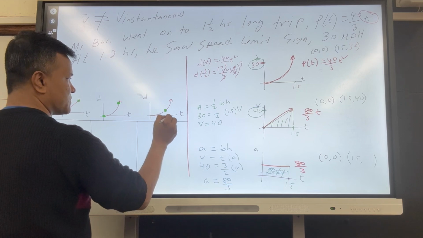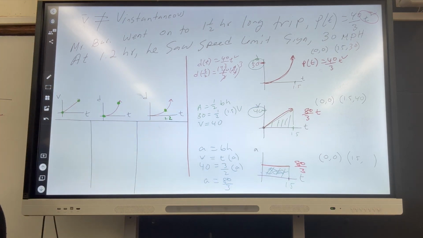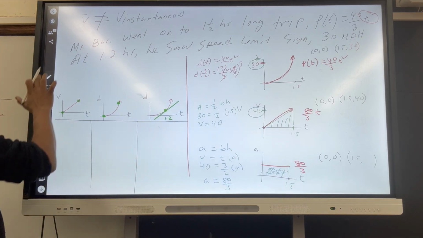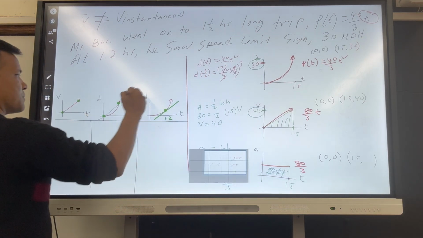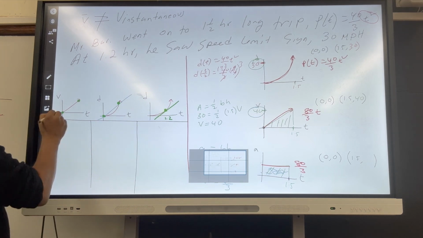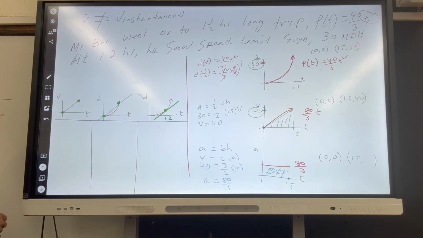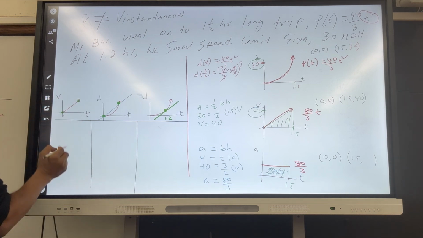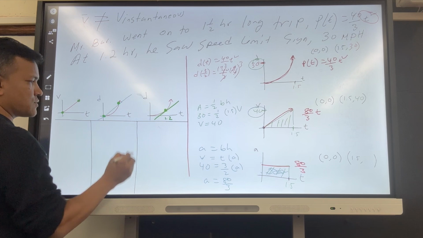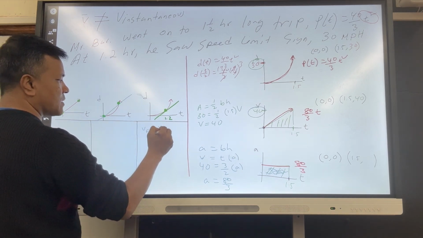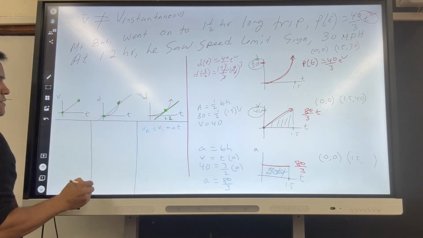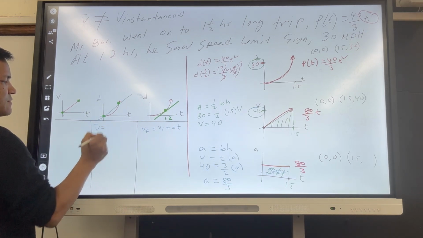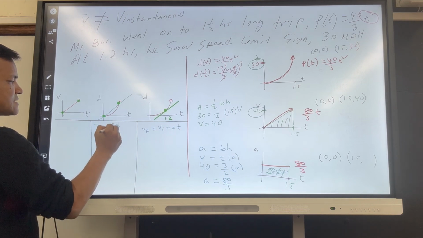This is 1.2. Okay, what does that mean? This is the slope, this is also the slope, and this is the midpoint. So for this one the equation would be vf is equal to vi plus at. For this one it should be average velocity is delta d over delta t.